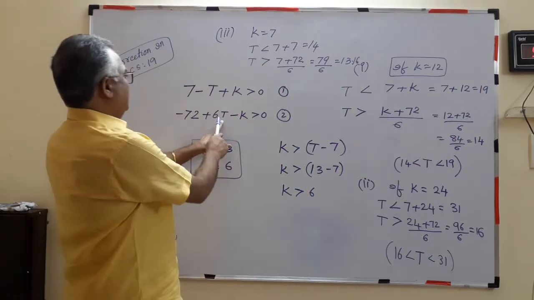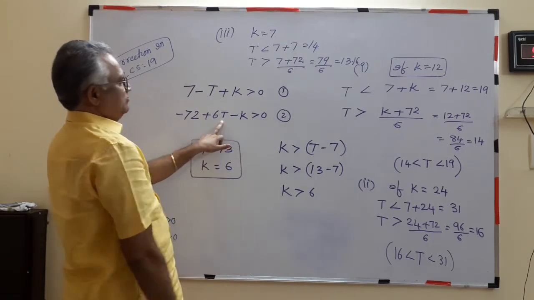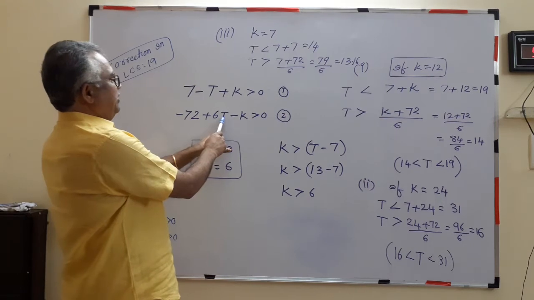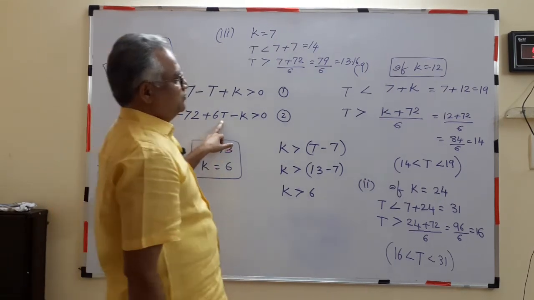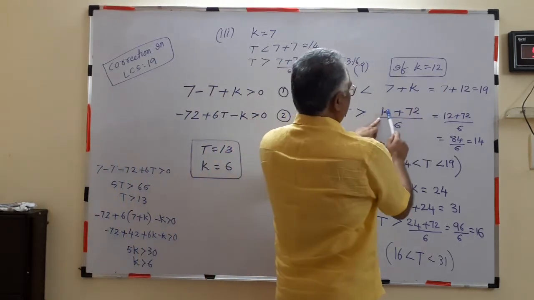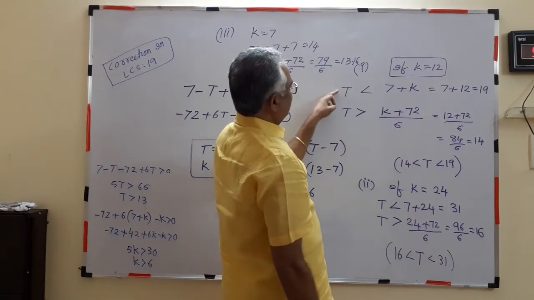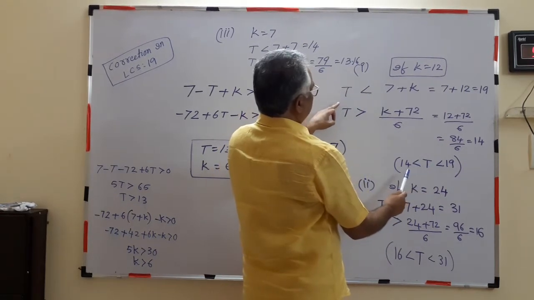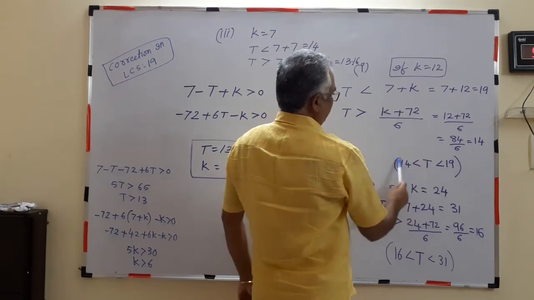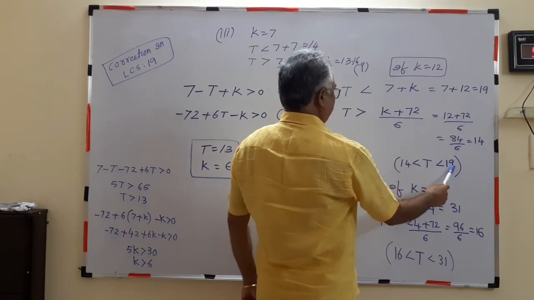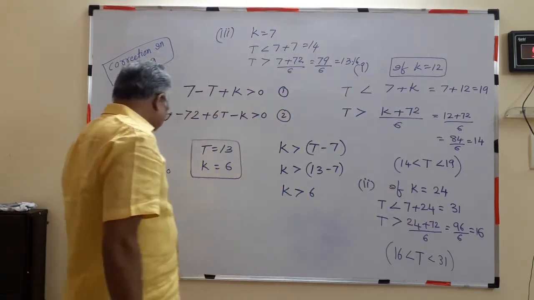Here t greater than (k plus 72) by 6. From this, t greater than (k plus 72) by 6. So k is 12, simplify, you are getting 14. That means t greater than 14, less than 19. So t should be in between 14 and 19 if k is fixed at 12. That 12 is anyway greater than 6.